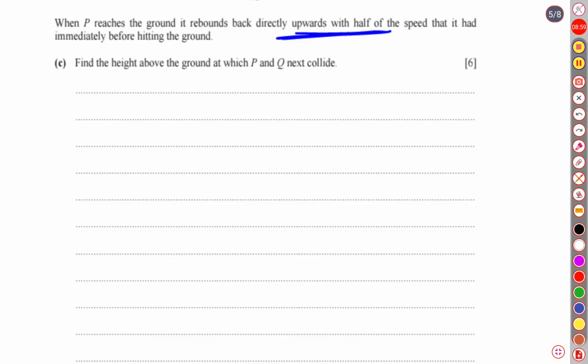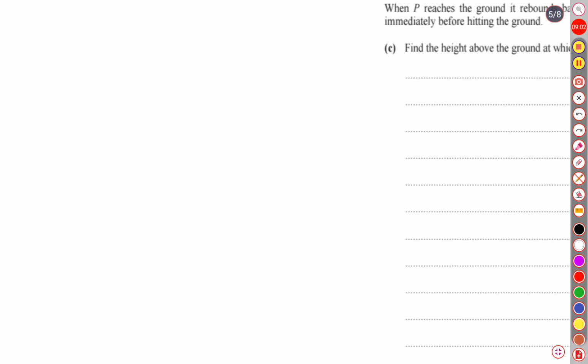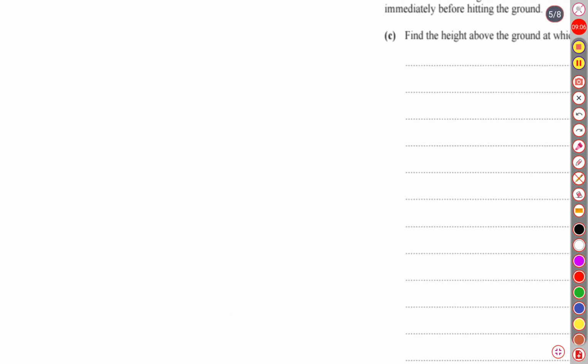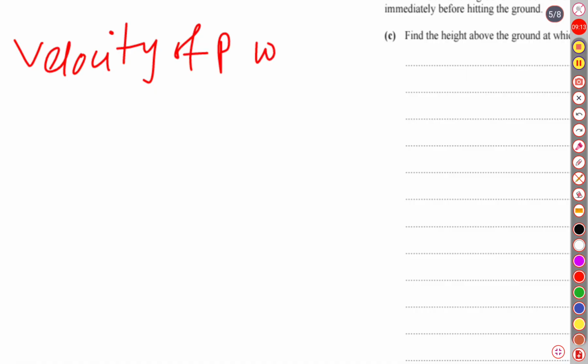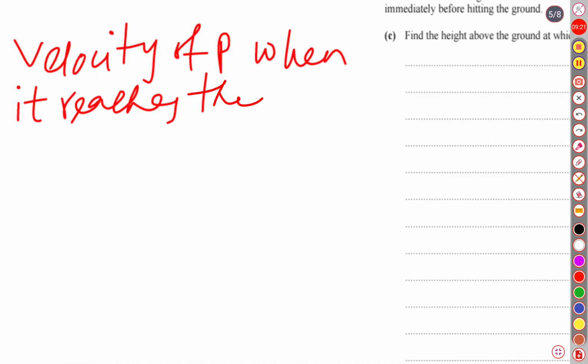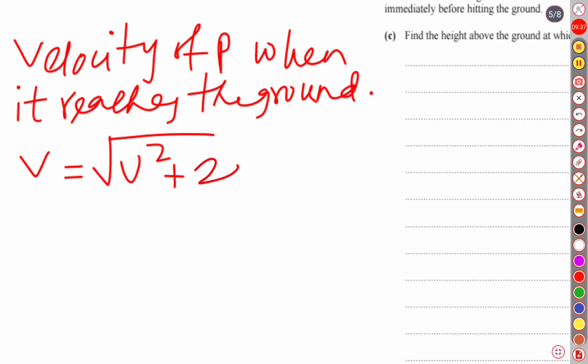Velocity of P when it reaches the ground. We know the simple formula we can apply for finding the final velocity: v equals square root of u squared plus 2as.